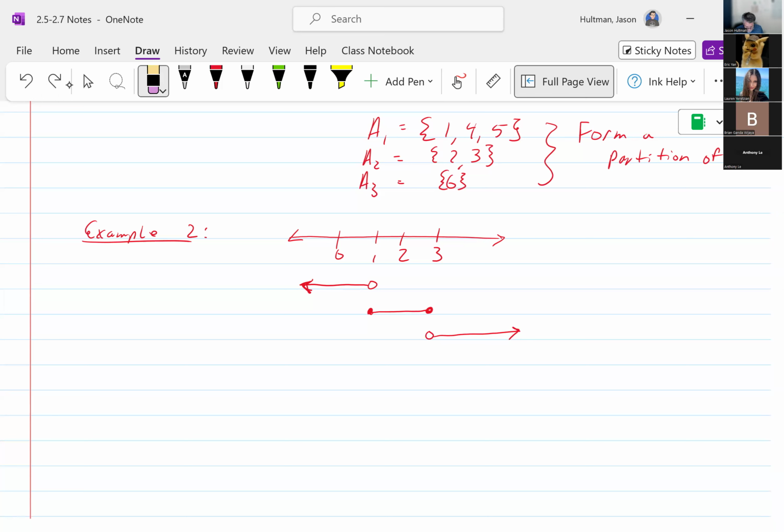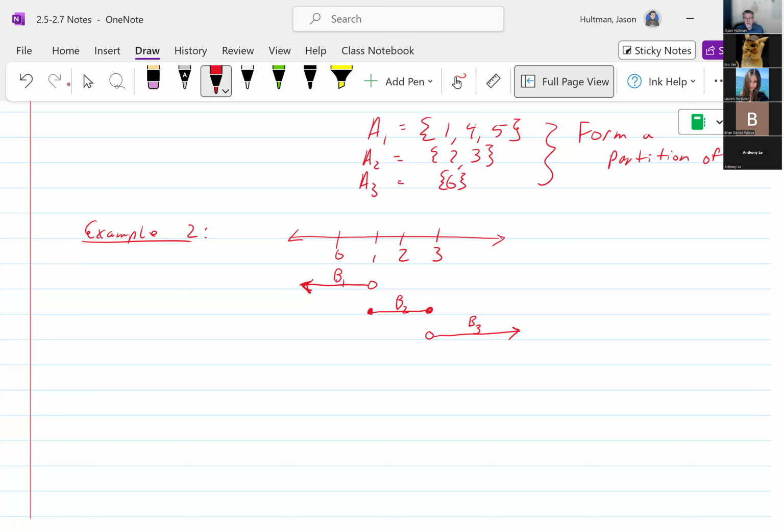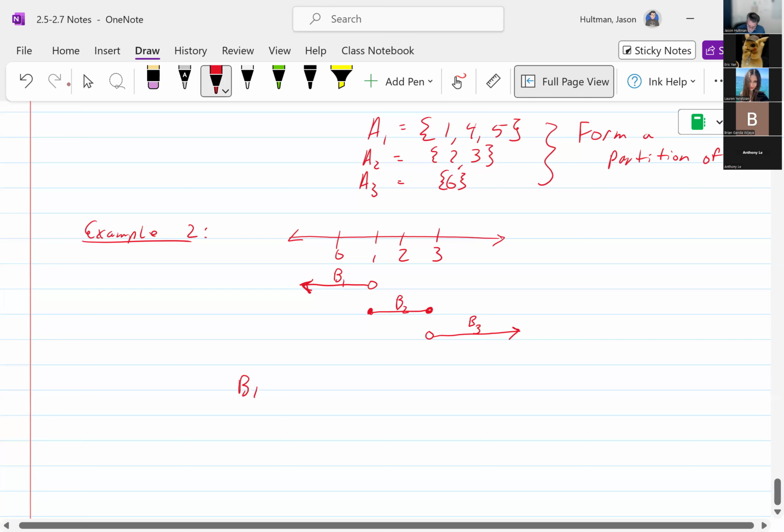We're going to call this partition B1, partition B2, and partition B3. All values have to be represented, and there cannot be any overlap between partitions. So B1 would be represented as x is an element of R, given that x is less than 1.